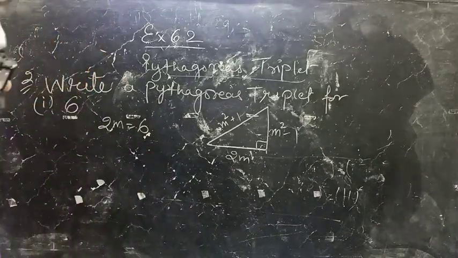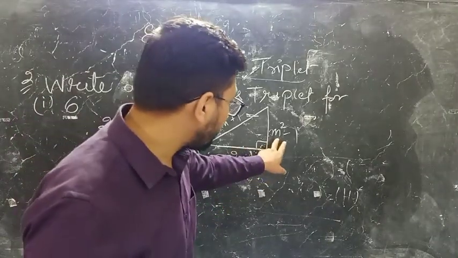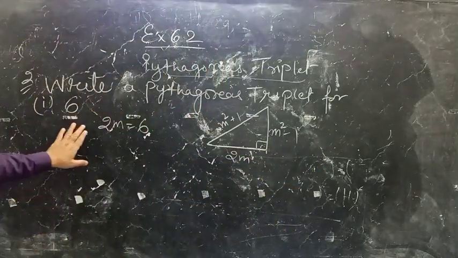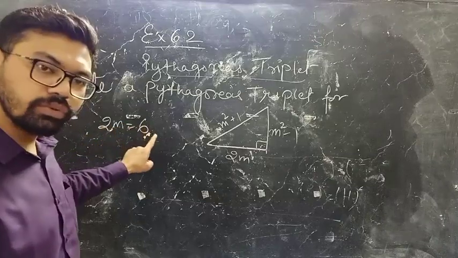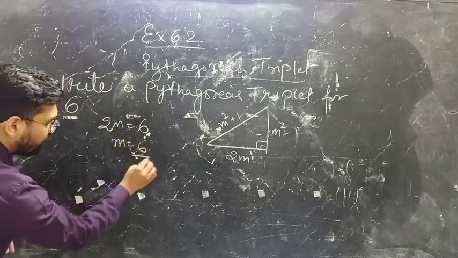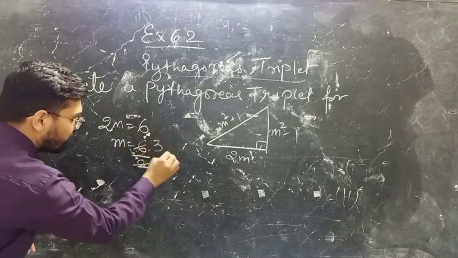Now a student asks, can I put m square minus 1 is equal to 6? This is the first case when I put 2m is equal to 6. So from here I can calculate the value of m. So m is equal to 3.